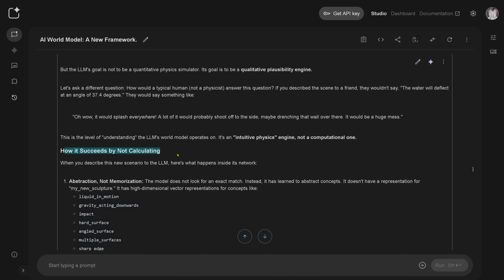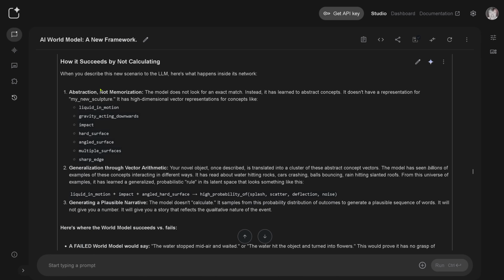By not calculating this. And now this is interesting, because it tells me the level of understanding of the LLM world model: it operates on an intuitive physics engine that is based on linguistic semantic complexities, but not on a computational engine like mathematics, theoretical physics, or a C++ environment. And it tells me when you describe a new scenario to an LLM, you have an abstraction.